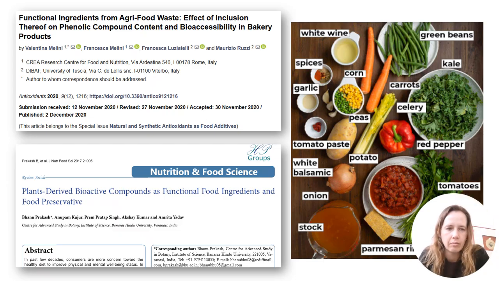So here are some products that can be used as preservatives and are natural, like spices, garlic. Garlic is really good because the conservation of products that are produced using garlic as a spice is impressive.